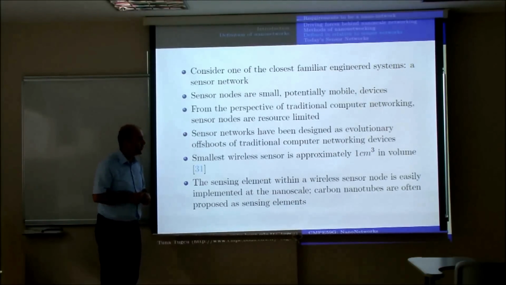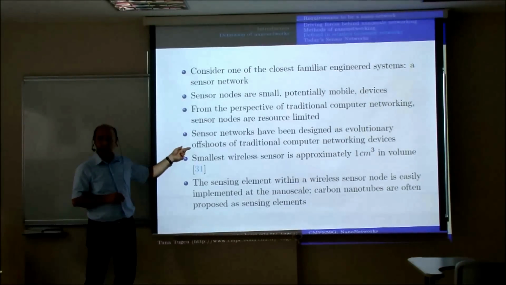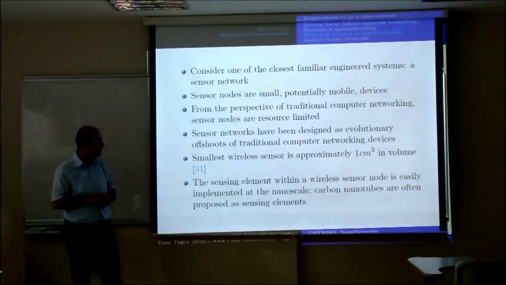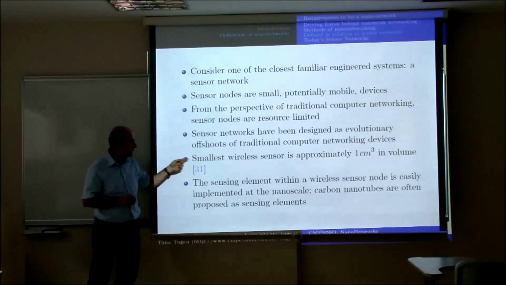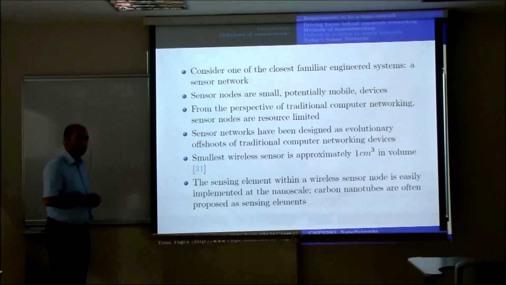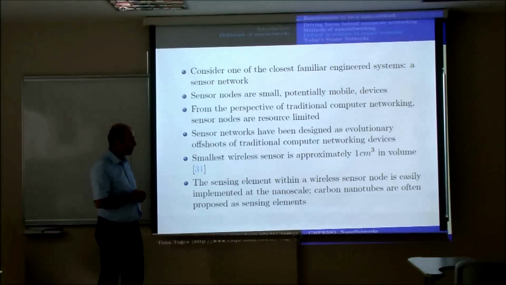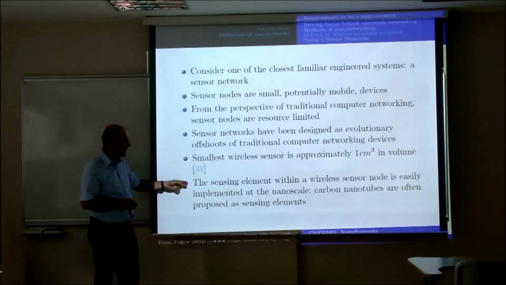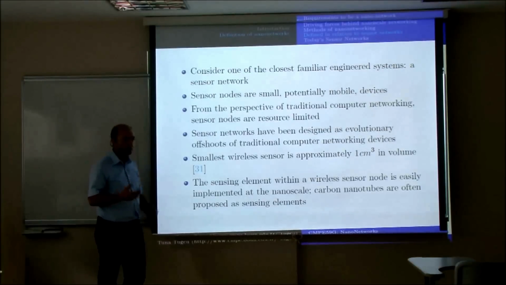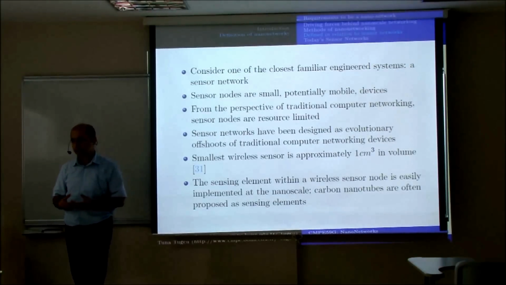But the sensor networks have been designed as evolutionary offshoots of the traditional computer networking devices. The smallest wireless sensor node is approximately 1 cubic centimeter in volume, and the sensing element within this device is a considerable part of it.